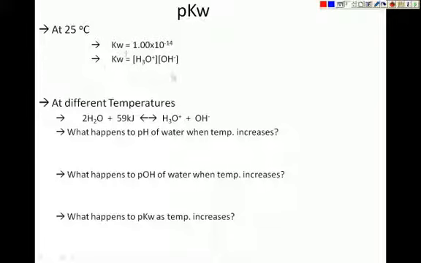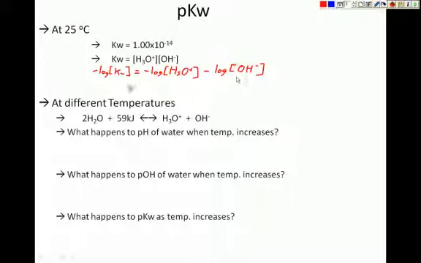So if we were to take this and put this on a logarithmic scale, or in other words, take the negative log of everything here, so the negative log of Kw would equal the negative log of H3O plus and the negative log of OH minus.